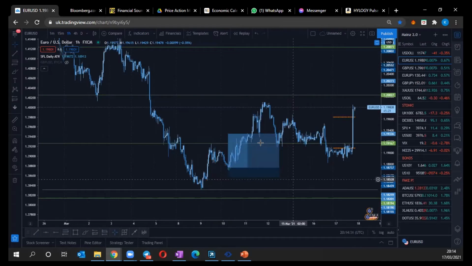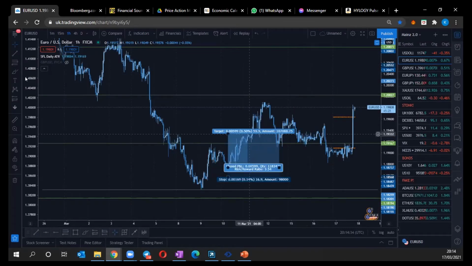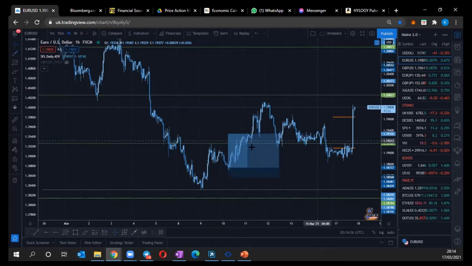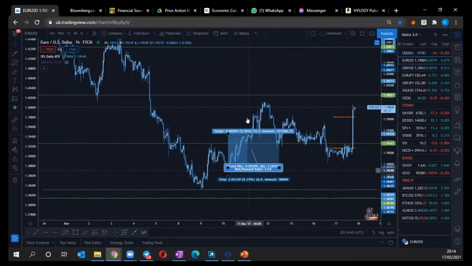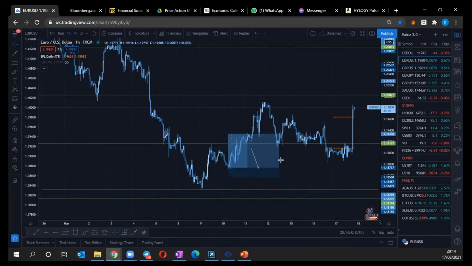If the pound dollar suddenly starts coming down, I know it's a euro dollar chart, but just imagine I've got the other chart open here. Let's say the pound dollar is doing something like this. It's gone up here, and all of a sudden it's coming down, but the euro dollar is still going up. In that moment, you might find it useful to check.